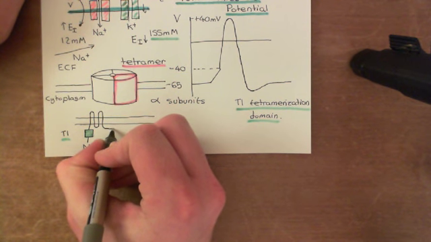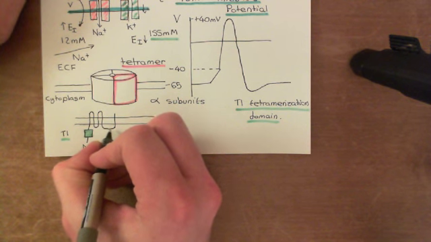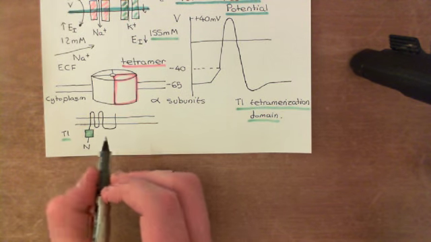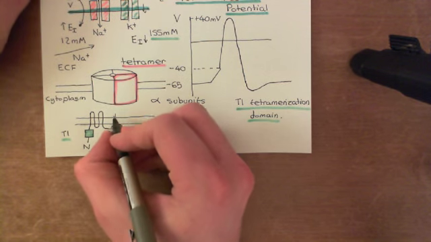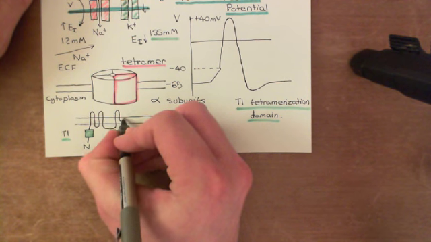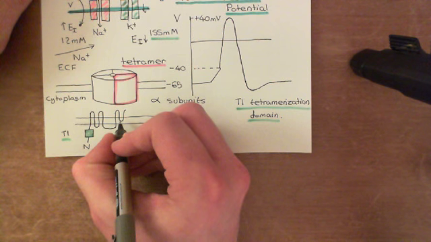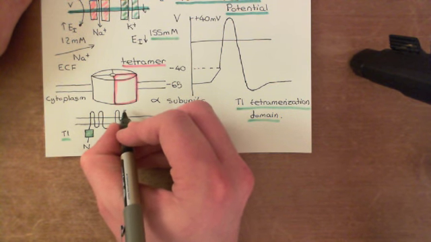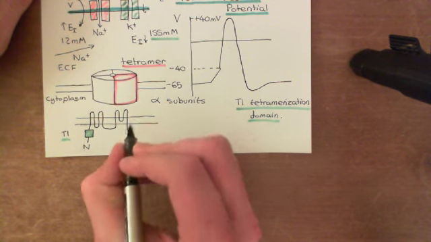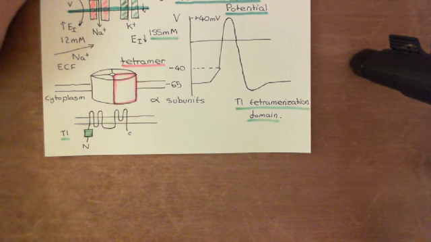Then you have a special portion in between the fourth and the fifth on the cytoplasmic side, which we'll come back to. This is actually an extremely important part of this structure. Then we've got the fifth membrane-spanning alpha helix, a structure that is a re-entrant loop, so it goes into the membrane, doesn't quite make it all the way through, and then turns back and comes back out. And then our final sixth membrane-spanning alpha helix here, and then we'll finish with the C-terminus.